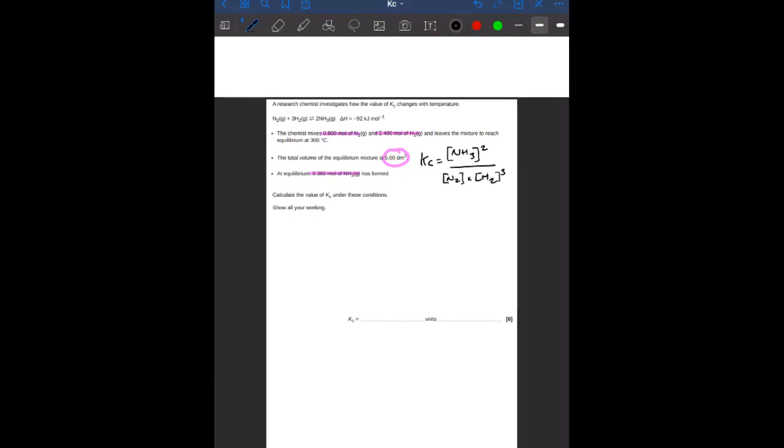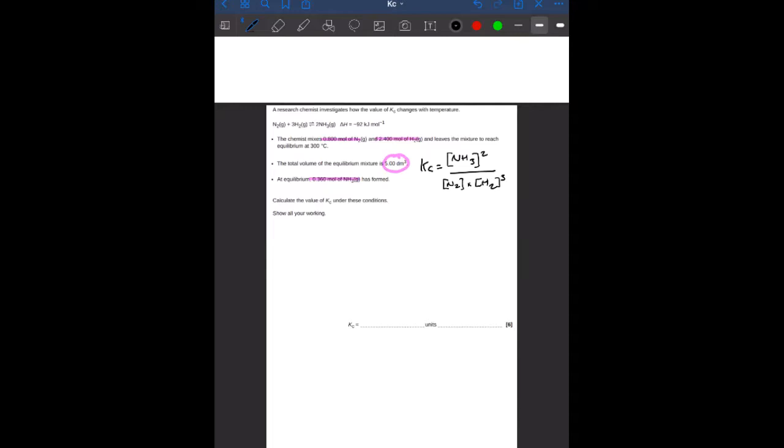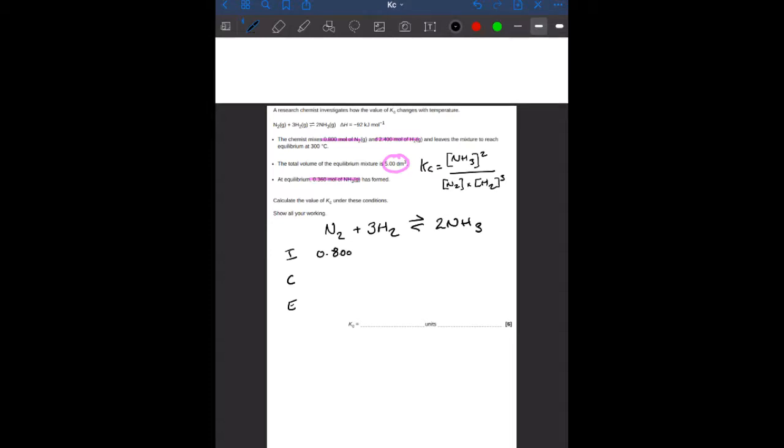I'm going to write it down over here so we've got a nice amount of space to work with, and if we have to run over, we have to run over. N2 plus H2, initial, the change that's undergone, and what it is at equilibrium. 0.800, 2.400, and zero.